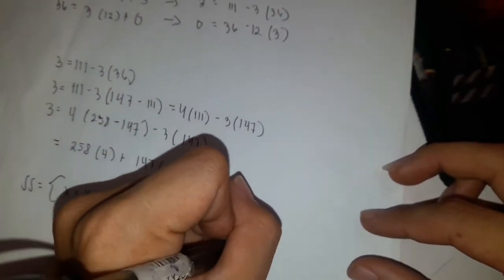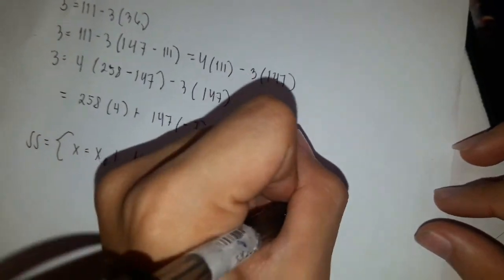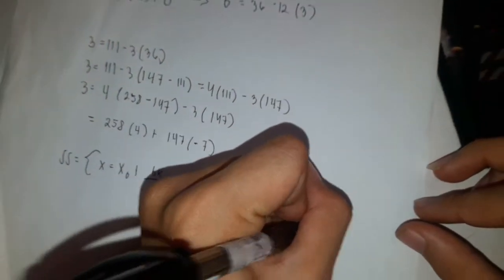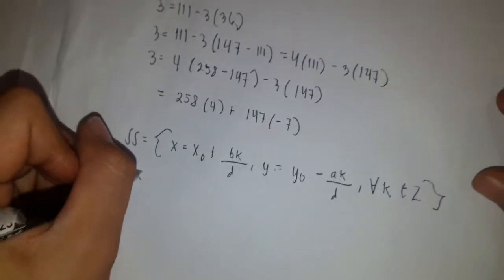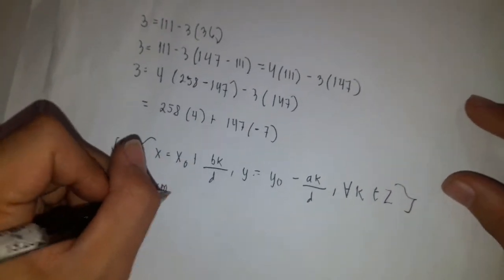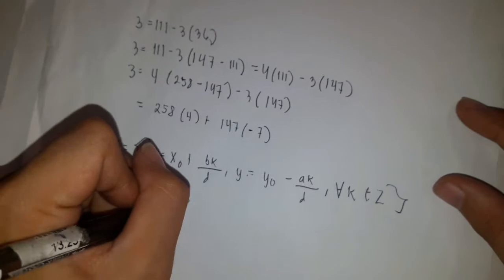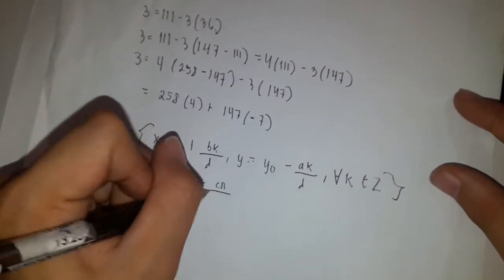For a solution of positive integers, x equals cm over d, and y equals cn over d.